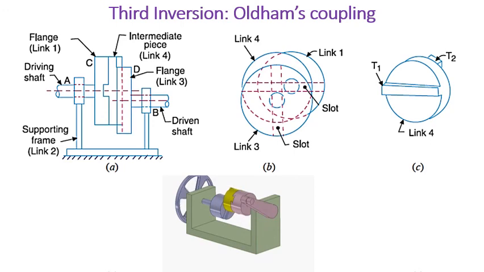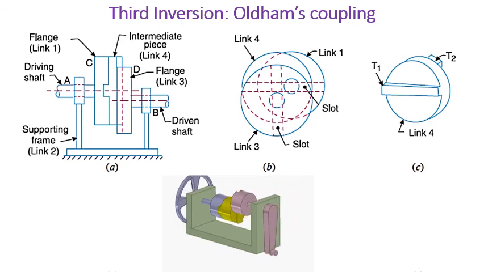The intermediate piece, which is shown in figure C, that is link number 4, is a circular disc which has two tongues T1 and T2 on each face at right angles to each other. The link 4 can slide in the slots of the flanges.